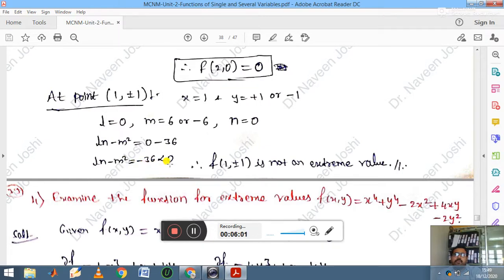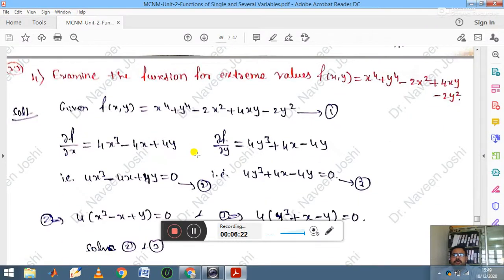When it is negative, there is no extreme value, neither a maximum nor a minimum value. This is the third case. So this is the way of finding maxima, minima and the corresponding maximum and minimum values.